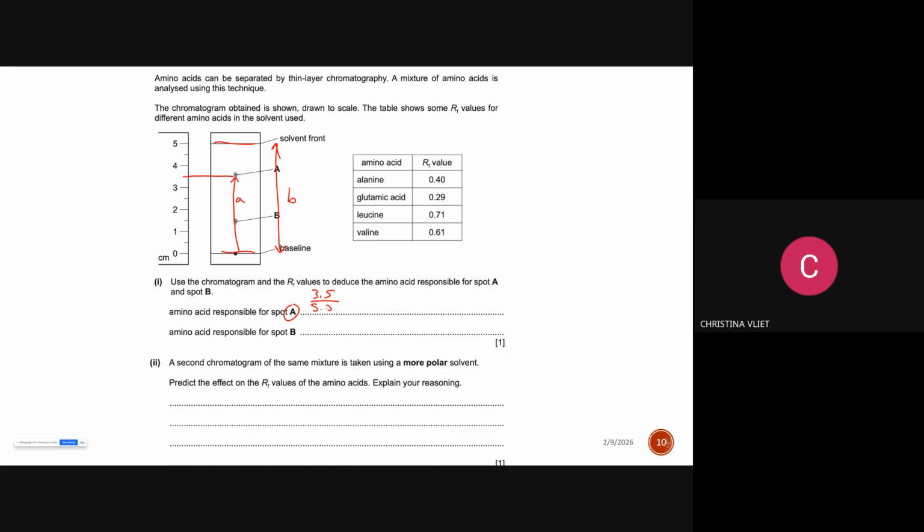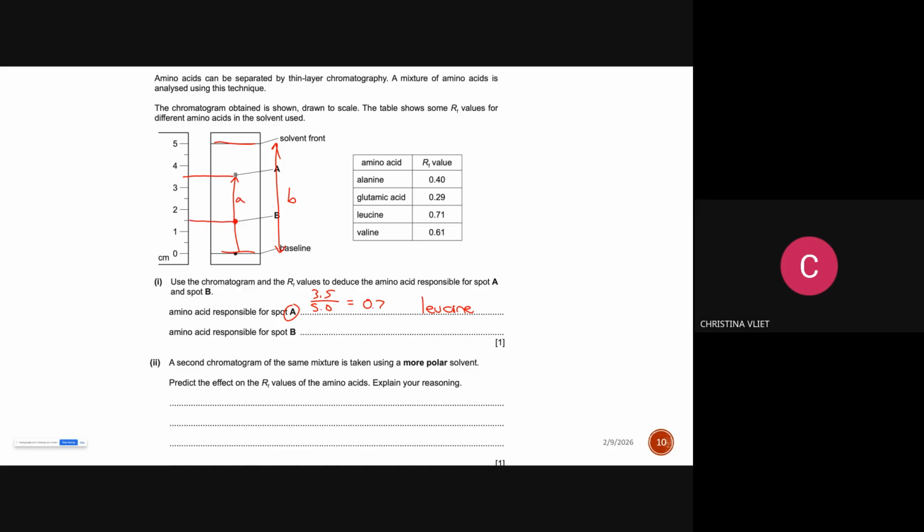And they make it obvious what the answer is going to be. So 3.5 divided by 5 is, you may want a calculator, but it's 0.7, which means which of these is the closest? This is leucine. So leucine is how you would answer. And what about spot B? Could we figure out spot B? Spot B is here.